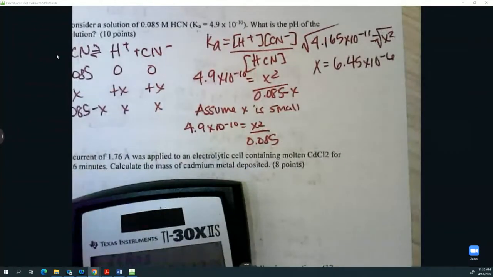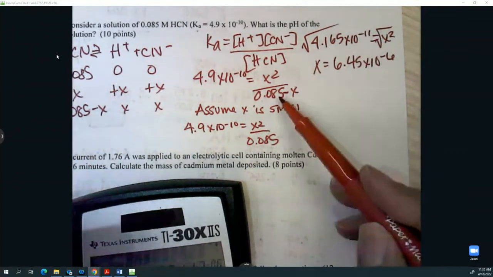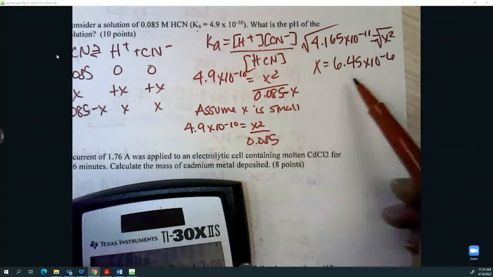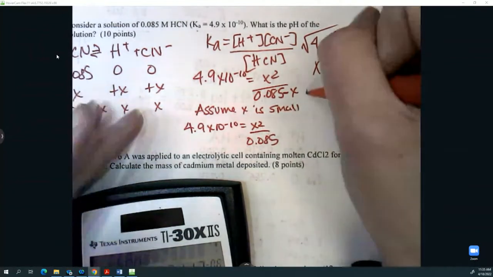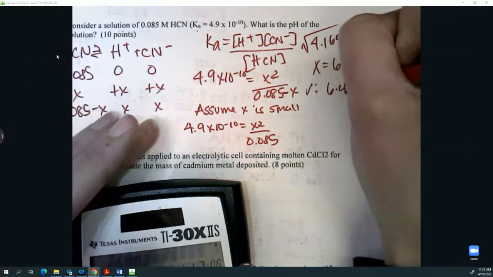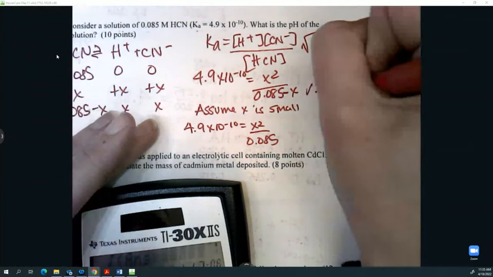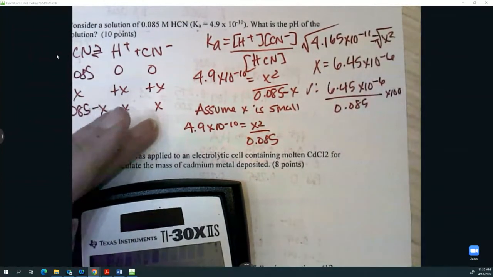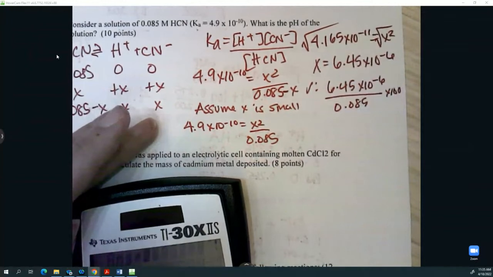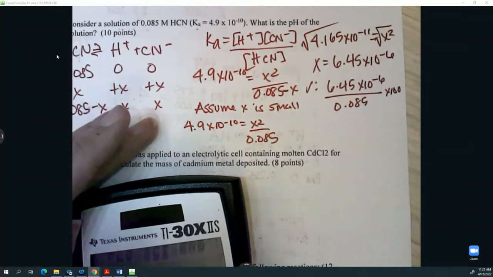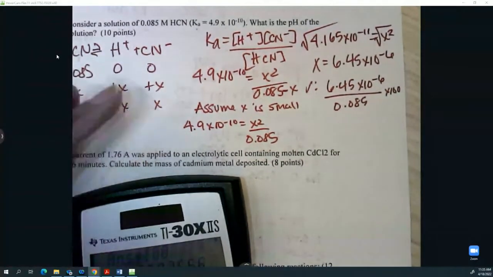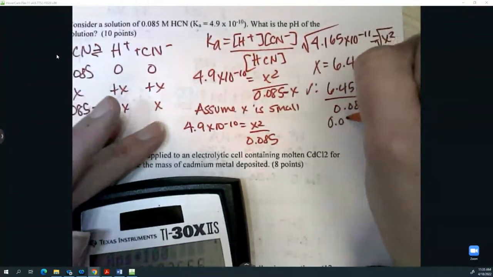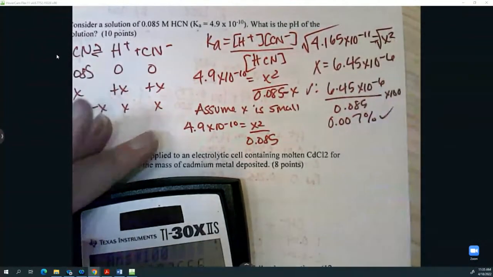And I got 6.45 times 10 to the minus 6. All right, so two things I need to do. Check if x is small. I can tell right away it's super small compared to that. If I subtracted that number, it's not going to change, but I will do my check. 0.007%, so great.